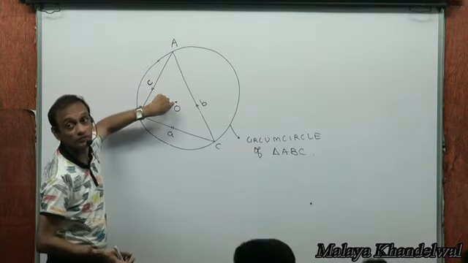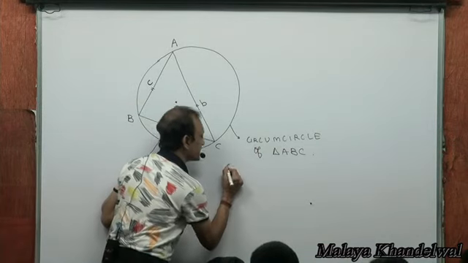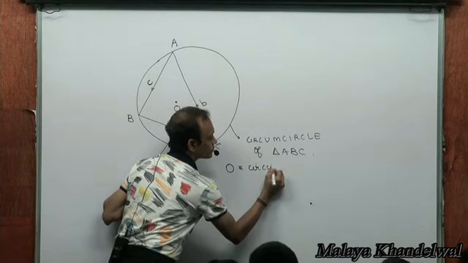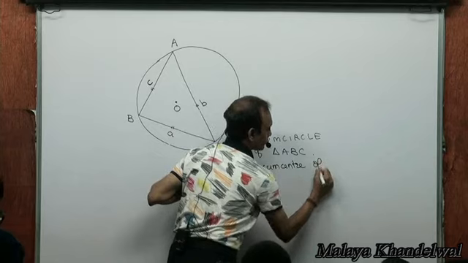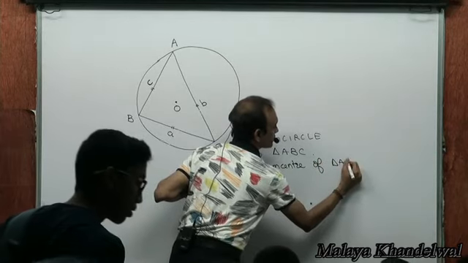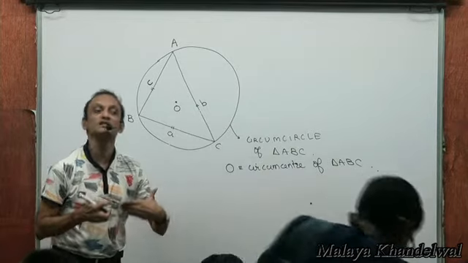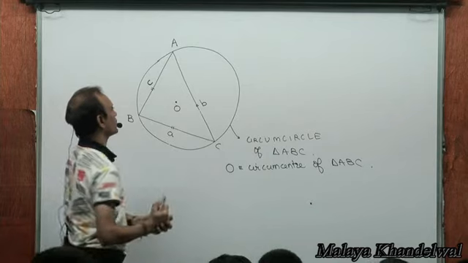This is the center of the circle circumscribing the triangle. This O is called the circumcenter of triangle ABC. Circumcenter of triangle ABC means center of the circle circumscribing the triangle.